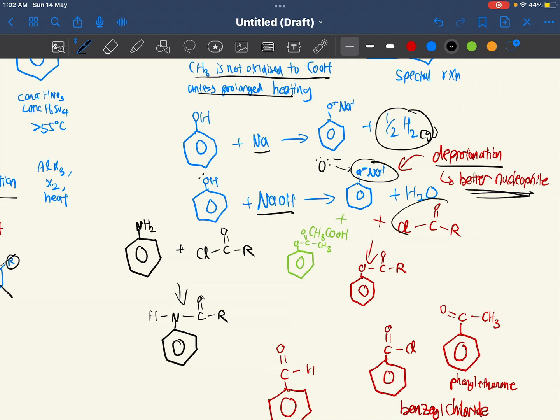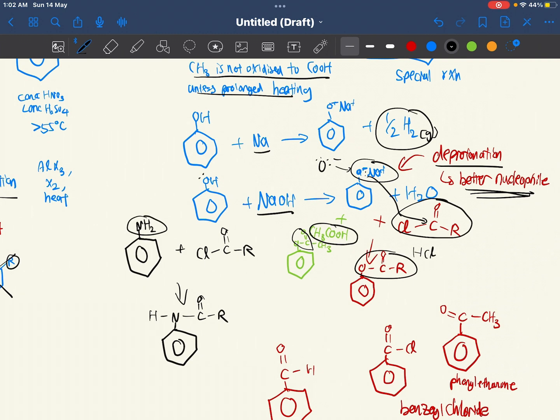So when it reacts with acyl chloride, it's of course a nucleophilic substitution because of the O atom. The lone pair electrons on O attack this electron deficient carbon, with removal of HCl, it forms the ester bond. Okay, same thing as well. If I react with your carboxylic acid, phenol and carboxylic acid, it will form this ester bond as well.